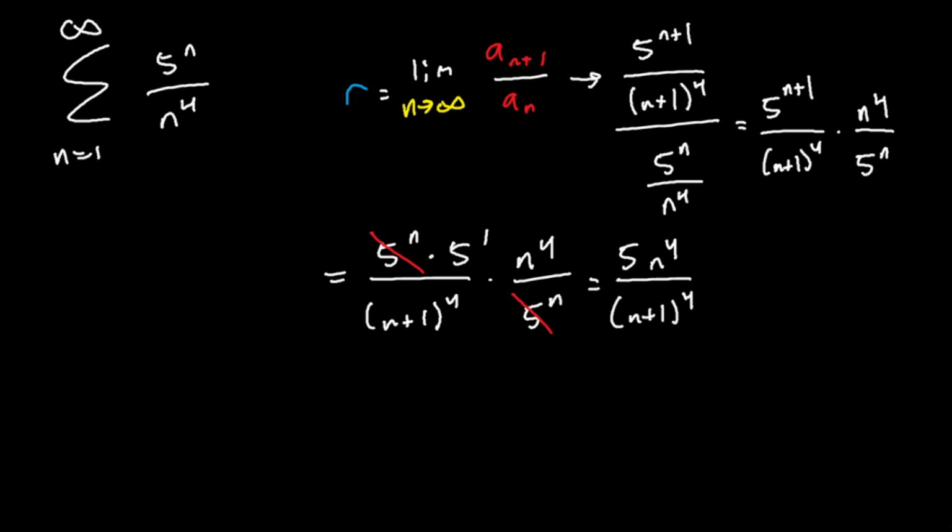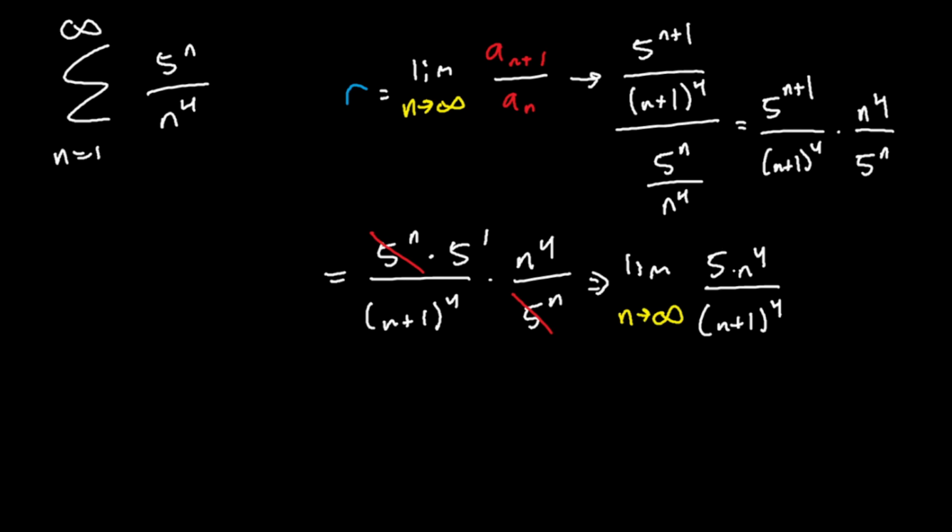Now remember, we have to take the limit of this. So if we take the limit as n approaches infinity of this function, we should only worry about the highest exponents in the numerator and denominator, correct? When you're taking limits to infinity, you only worry about the highest exponents in the numerator and denominator.